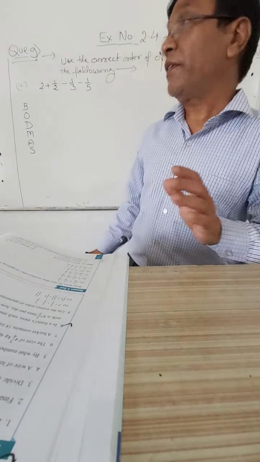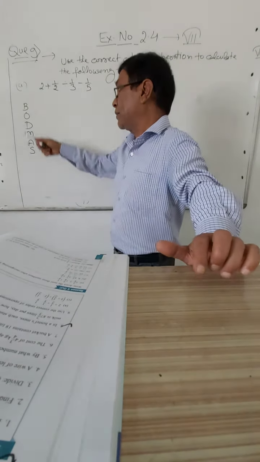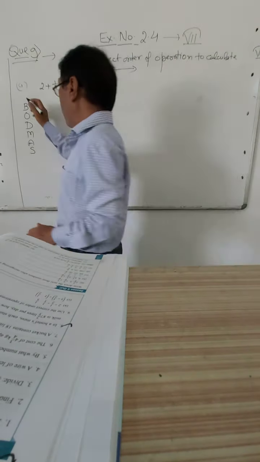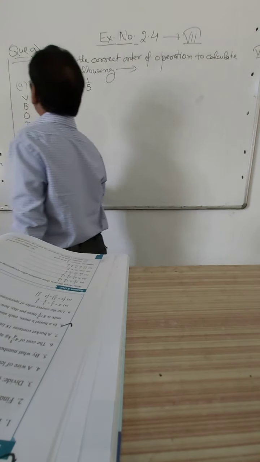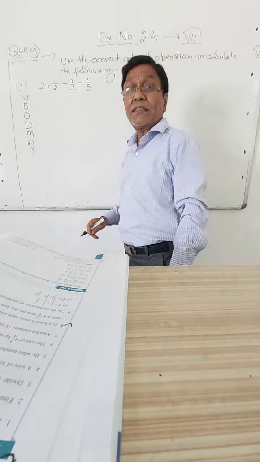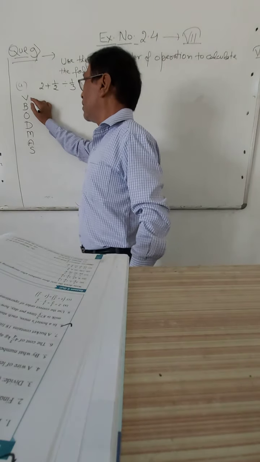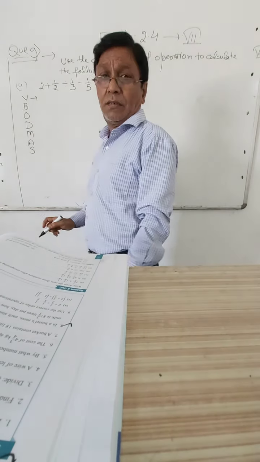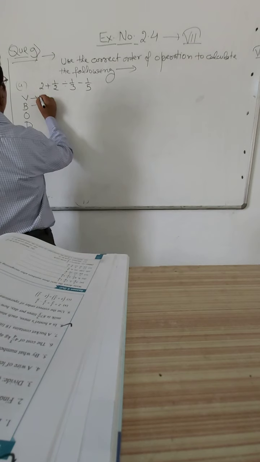So B means first solve the bracket, if there is one. Before bracket, one more thing will also come, the vinculum, which is called line bracket also.